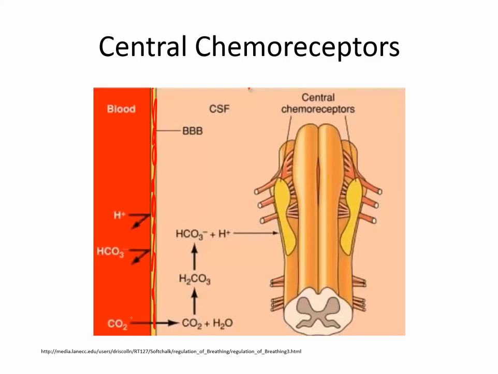So what happens is that the carbon dioxide diffuses through the blood-brain barrier into the CSF, it's hydrated to form carbonic acid, and then the hydrogen ion from the carbonic acid acts on the central chemoreceptors. The increase in CO2 produces an increase in hydrogen ion concentration, which then produces an increase in ventilation.